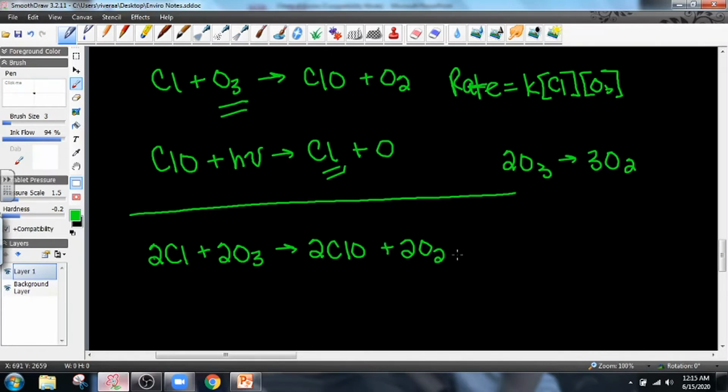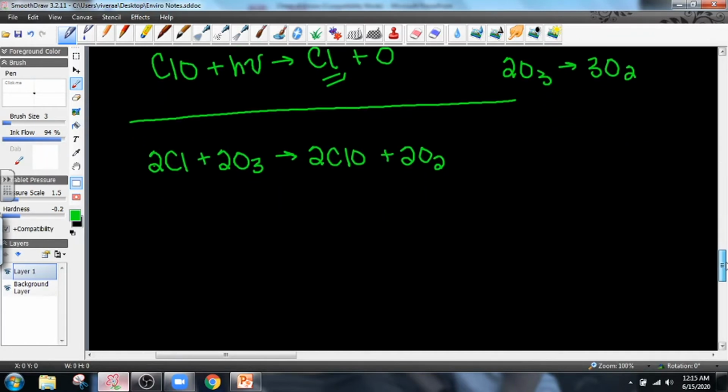I know we could reduce that to all ones, but with Hess's law, you know we have to multiply through by a coefficient sometimes. Remember, these are my chlorines from my CFCs that we're pumping out into the atmosphere in our hairspray. It hits the ozone in the ozone layer. It breaks apart into ClO and oxygen gas.